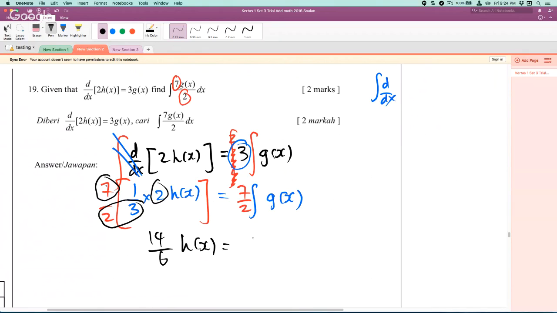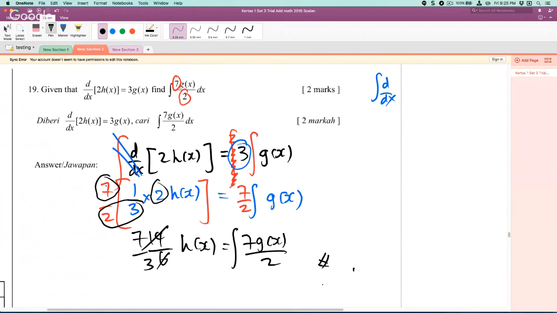I can simplify it and it becomes 7 over 3 h(x).